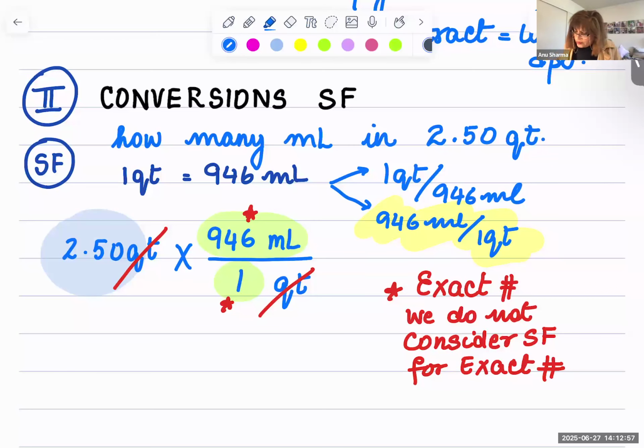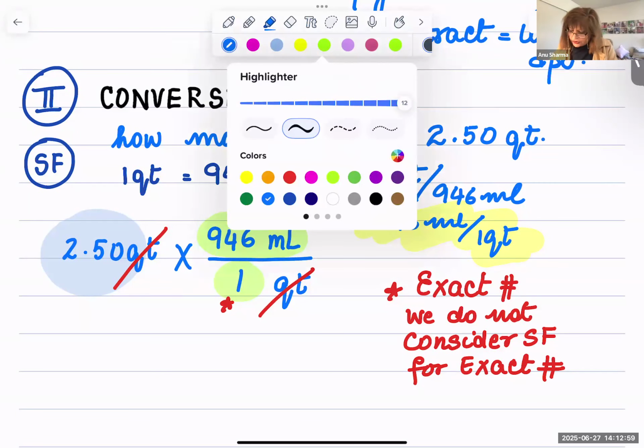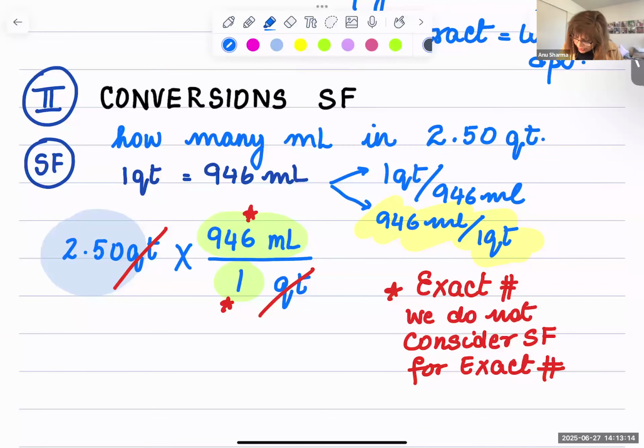So 2.50 times 946, let's do this quickly. 946 times 2.50, and you have the answer 2365 milliliters. So that's the answer.